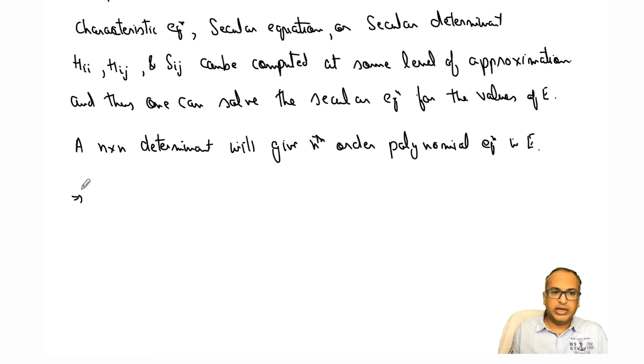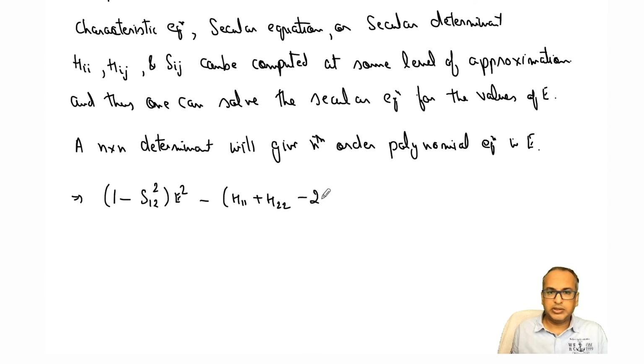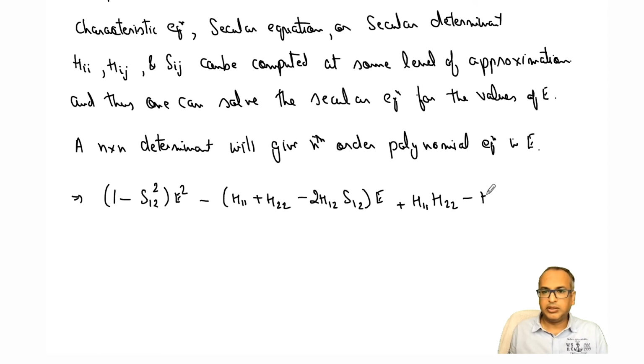So let's see what we will get here. If we solve the above determinant, we get (1 minus S12 square) E square minus (H11 plus H22 minus 2 H12 S12) E plus (H11 H22 minus H12 square) equal to 0.